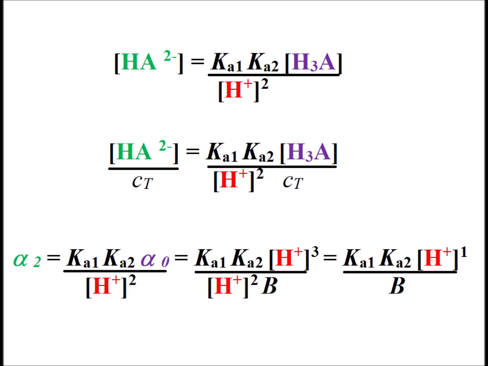And then by substituting in, we get an expression for alpha sub 2, it's equal to Ka1 times Ka2 times the concentration of H plus to the first power divided by b. And we just put the first power just so it's more obvious which powers we're using for the concentration of H plus, because we're going to see that it has powers of 3, 2, and 1 in the expression.